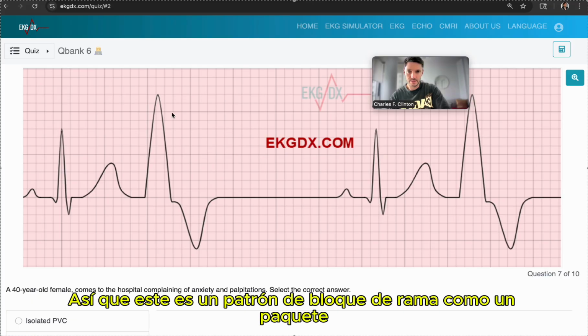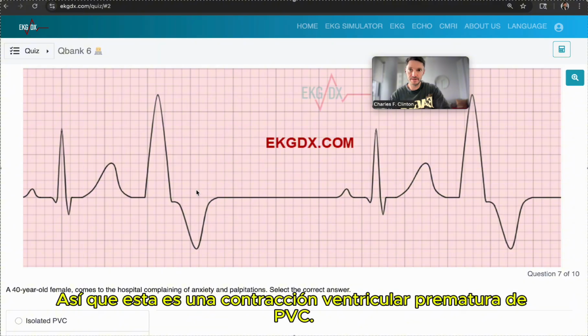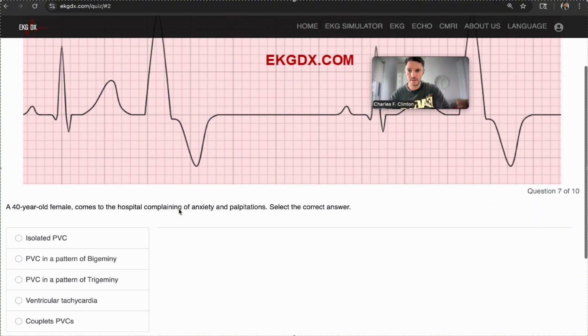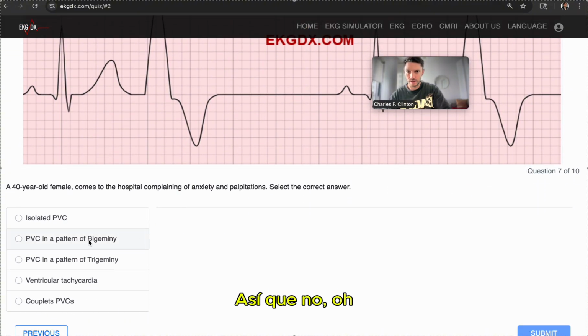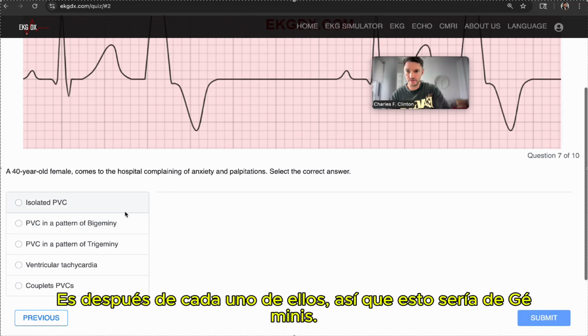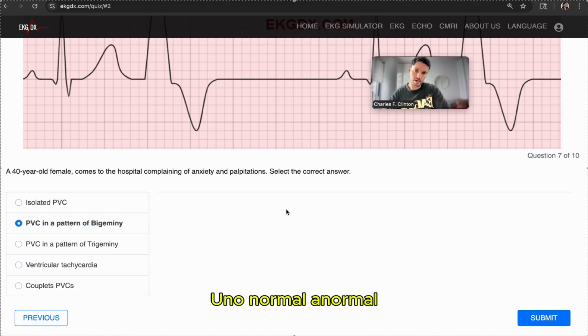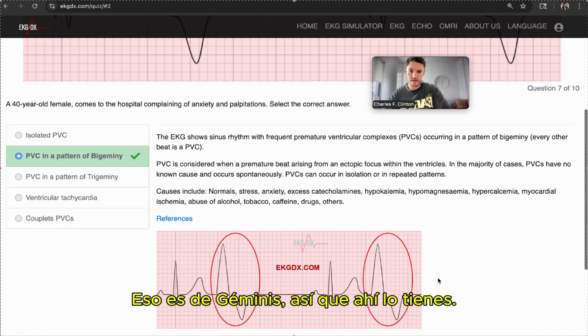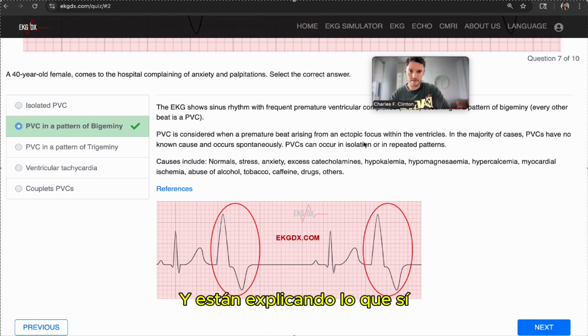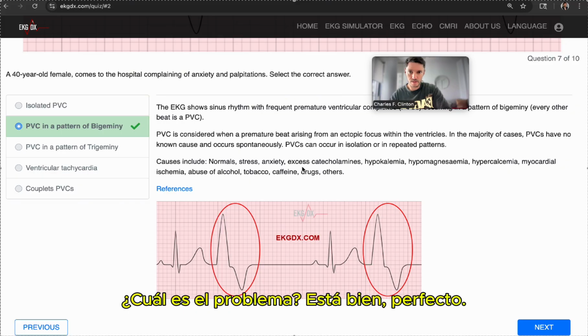So this is like a bundle branch block pattern. So this is a PVC, premature ventricular contraction. So no, oh, bigeminy, yeah, it's after each of them. So this would be bigeminy, one normal, one abnormal. That's bigeminy. So there you have it, and they're circling what's going on, and they're explaining what's the issue.